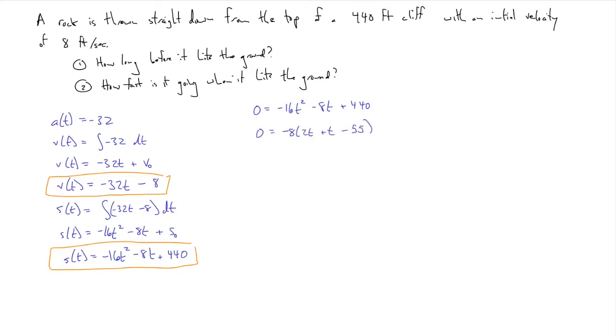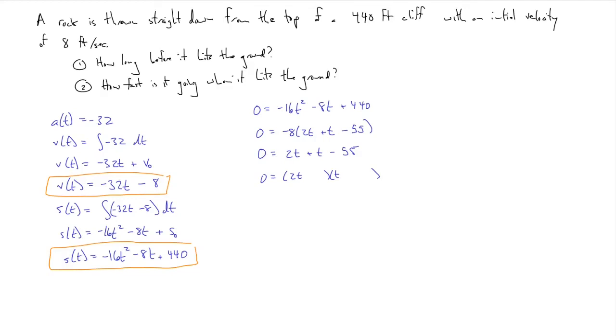Each of these terms has a factor of 8, so we can pull that out. And personally, I like pulling out a negative 8 so that my initial term here, 2t squared, is positive. That will help me factor the 2t squared plus t minus 55 that I'll be left with. In other words, dividing both sides by negative 8, we have to solve this equation: 0 equals 2t squared plus t minus 55. You can go straight to the quadratic formula if you really need to, but the quadratic formula is complicated.